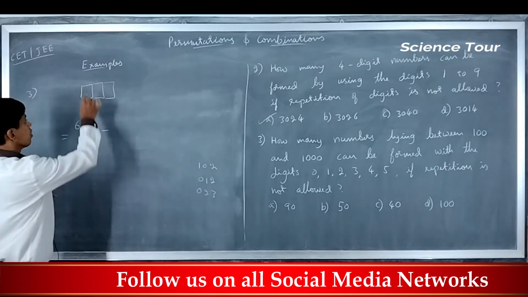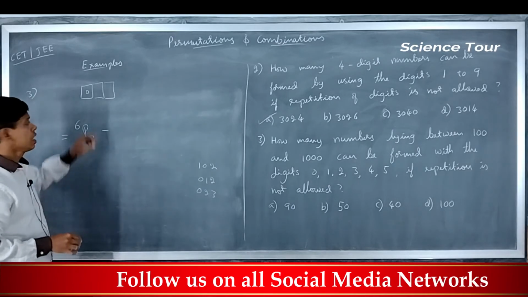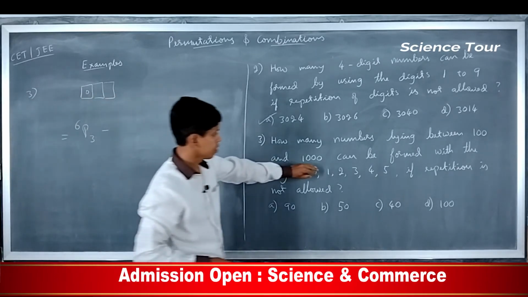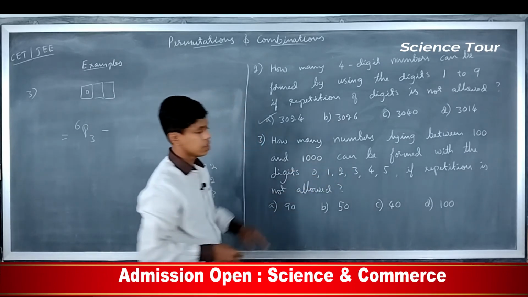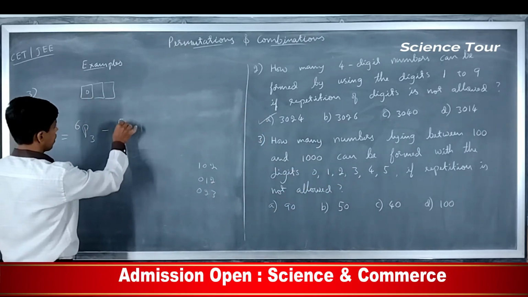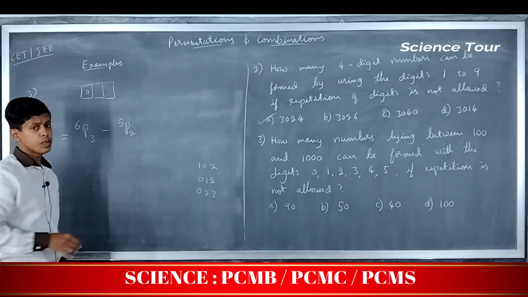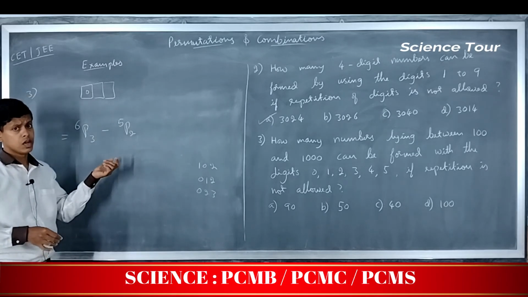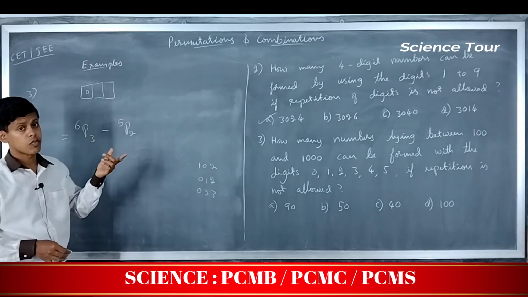How do you do that? Fix 0 in the first place and arrange the remaining 5 digits in 2 places. So arrange 5 digits in 2 places. Repetition is not allowed, therefore it is the nPr formula. Otherwise it would be the n raised to r formula.